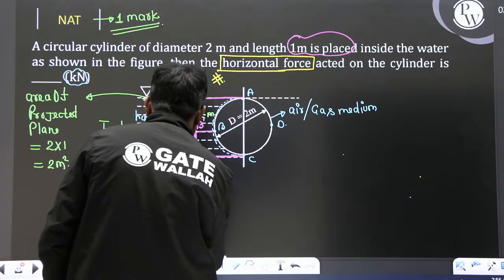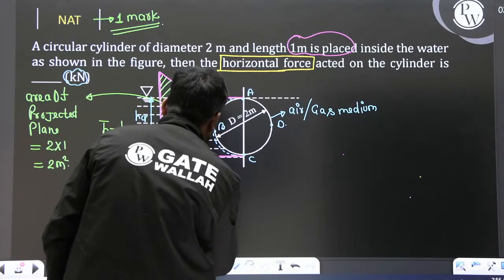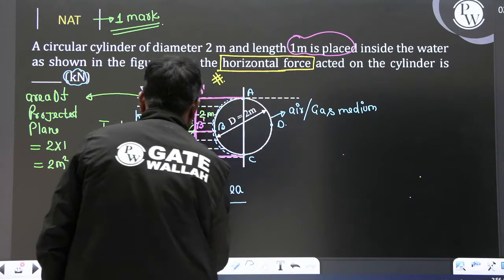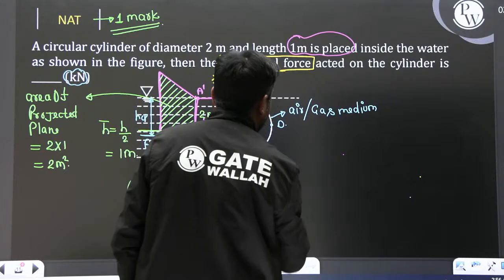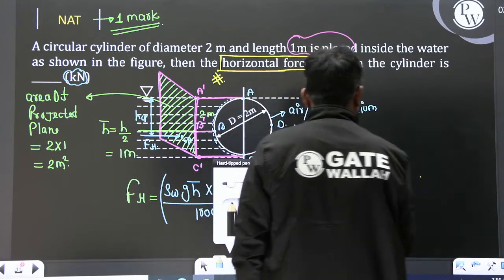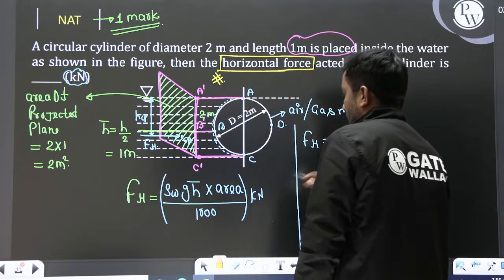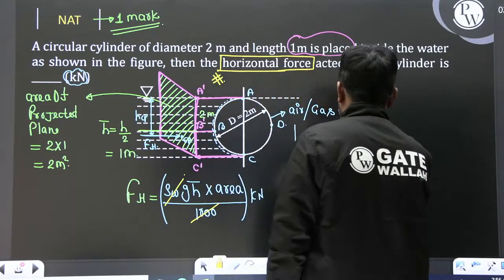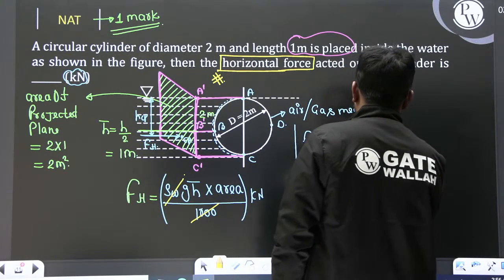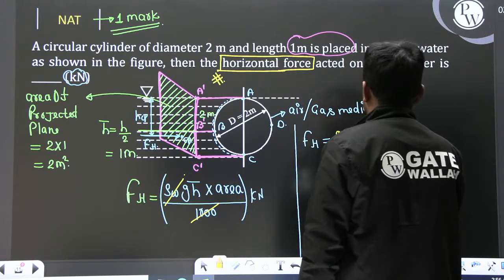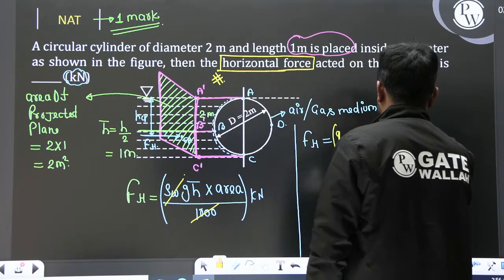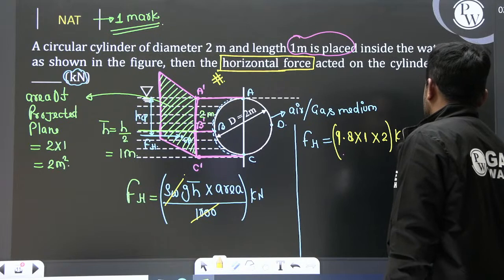So the force is rho of water times g times h bar multiplied by the projected area, divided by 1000, which converts it into kilonewton. So Fh is 9.8 multiplied by h bar, which is 1, multiplied by the projected area, which is 2, in kilonewton.